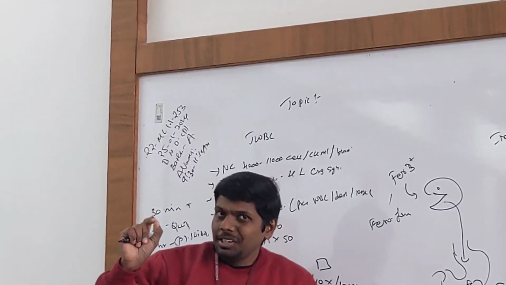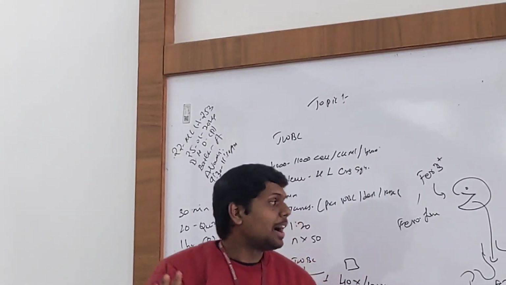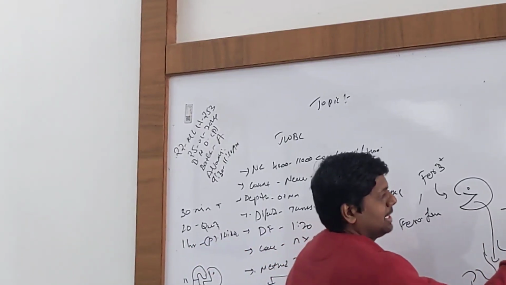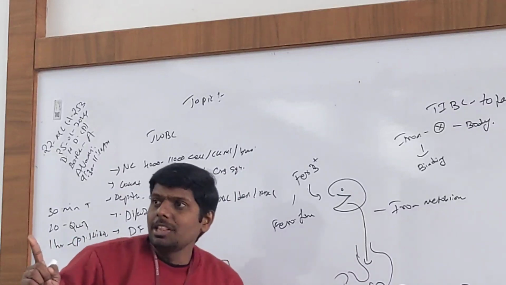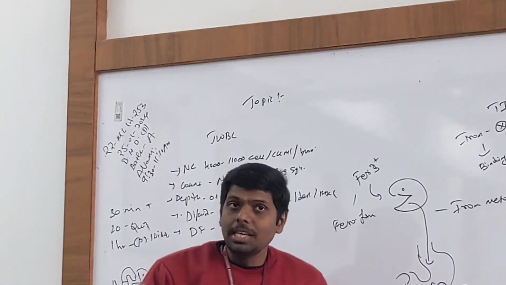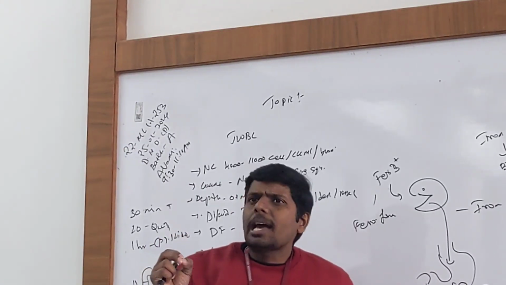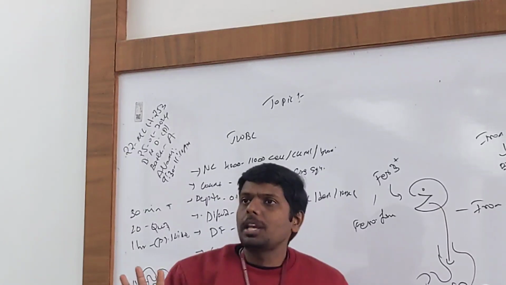Now, there are some interesting facts about iron metabolism in the body. Really interesting. I'm just discussing iron metabolism. The problem with the human, not only human, mammalian metabolism, is we don't have a natural mechanism of excreting iron from our body.